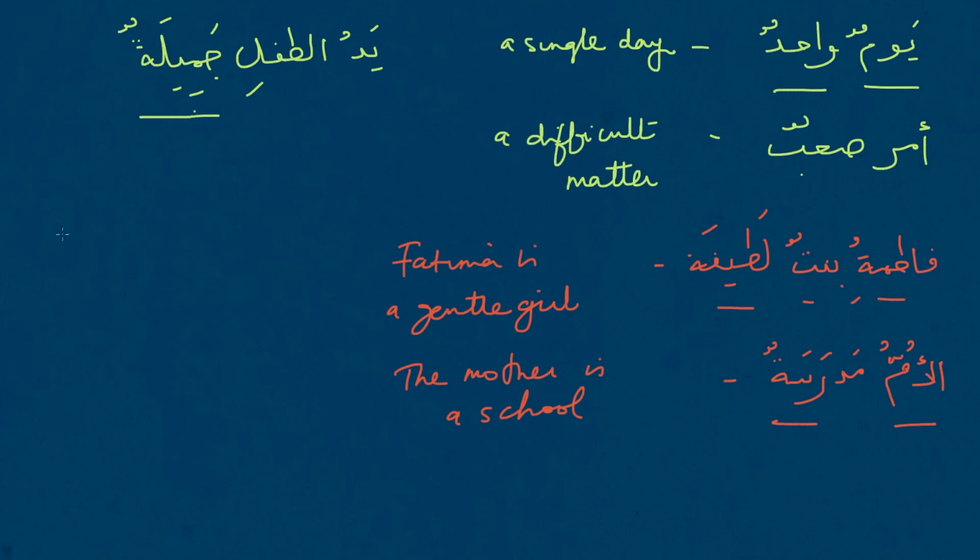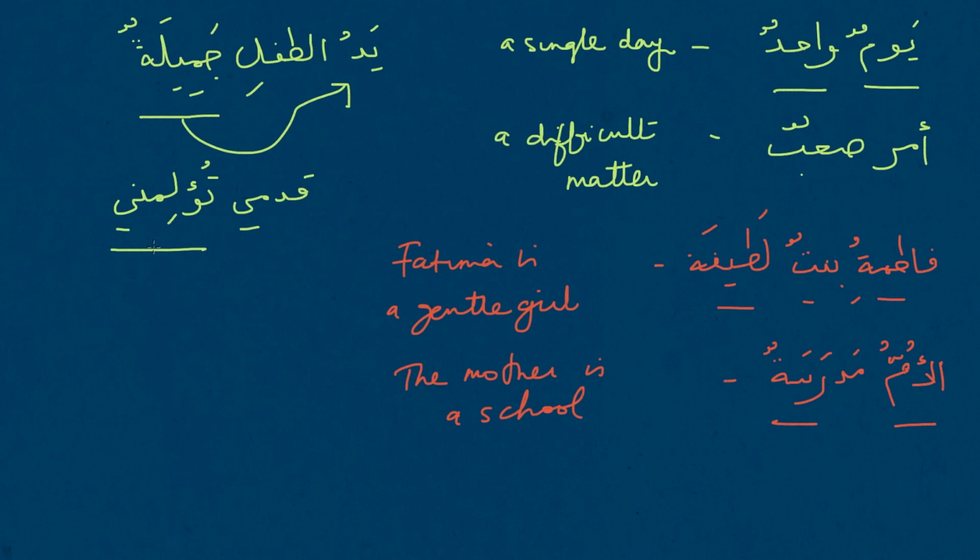So we use the feminine form of the noun because we're talking about yad. قدمي تؤلمني. My foot hurts me. So تؤلمني is the feminine form of the verb.